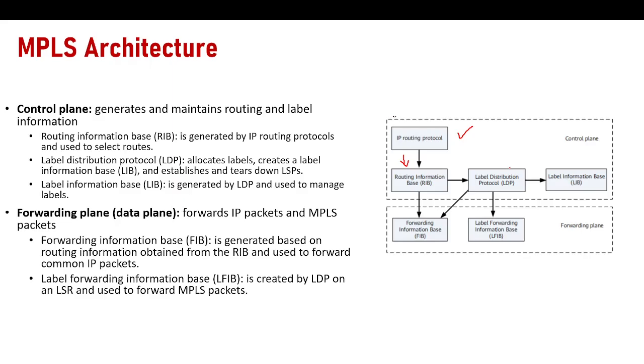From the label information, from the label distribution protocol, we are able to generate the label forwarding information base, the LFIB. And this is part of the forwarding plane. These are the entries that will be used to forward the traffic as it's moving from one point to the other.